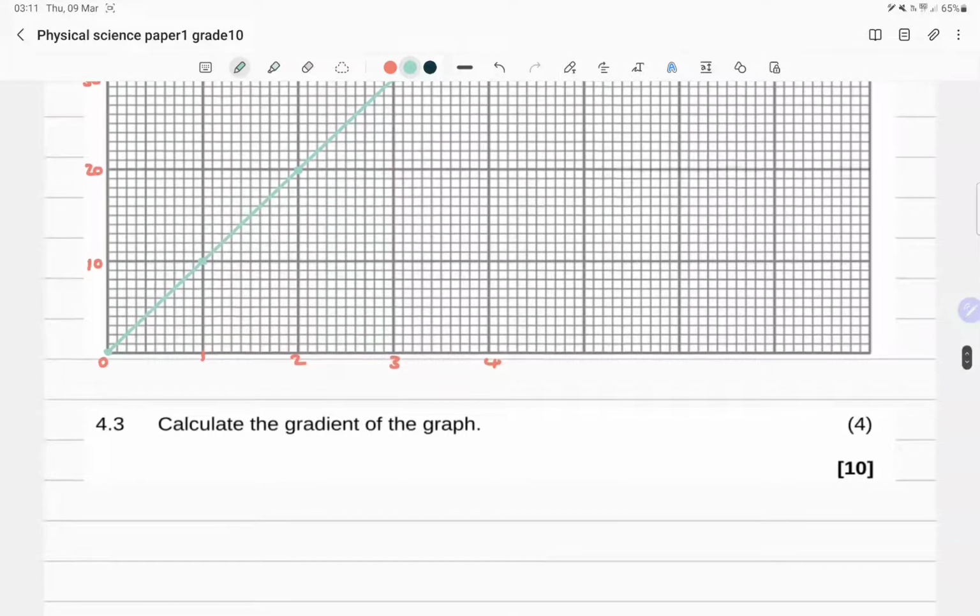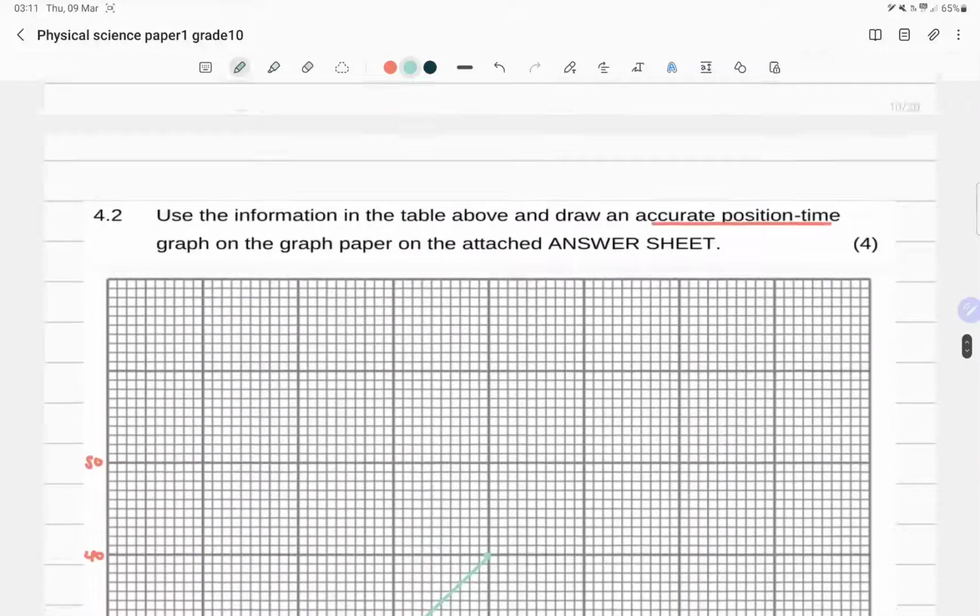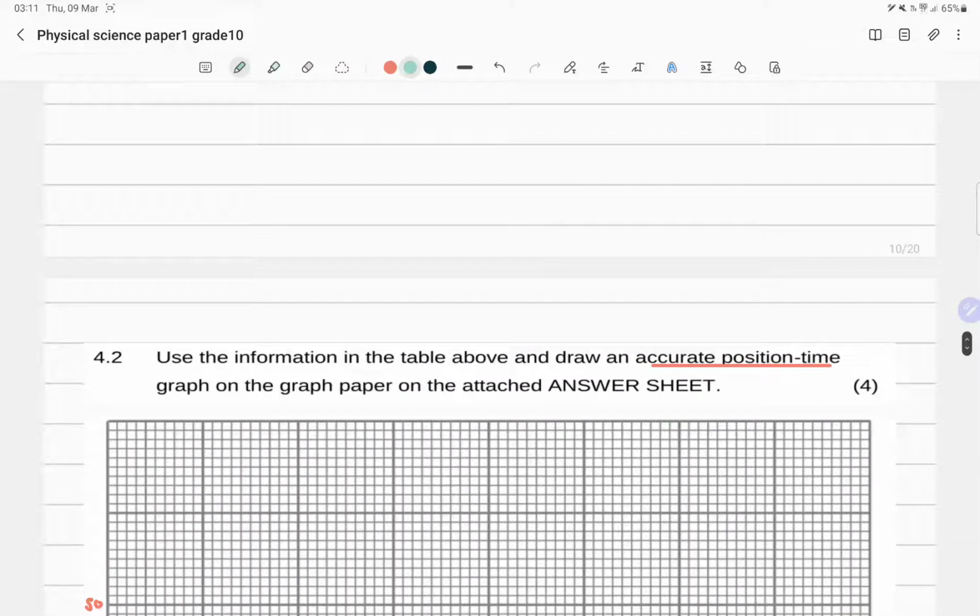It's done and dusted. So basically what matters now is to note what it is called. This is called a position-time graph. Number 1, you must have a topic for your graph.